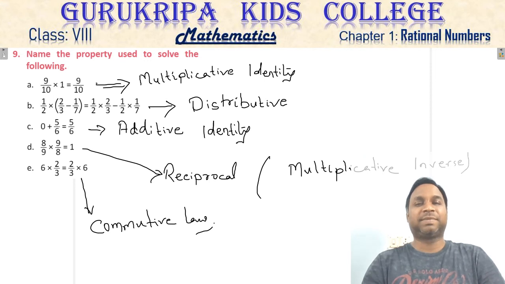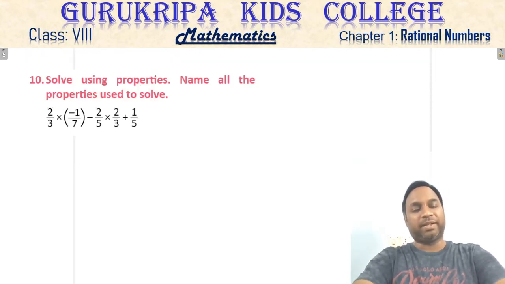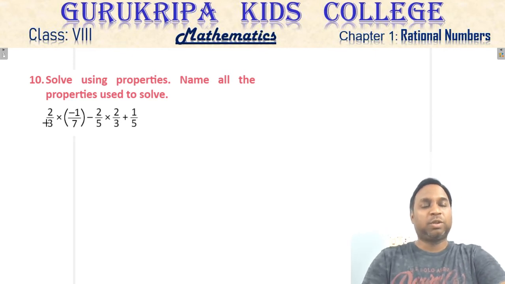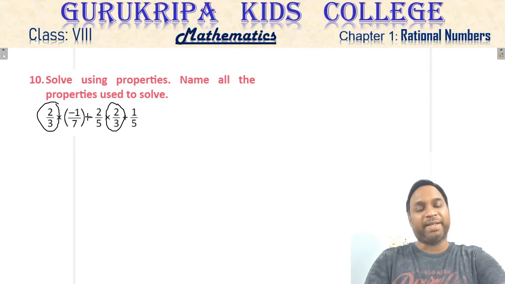Okay. Let's move to question number 10 now. Solve using properties. Name all the properties used to solve it. 2 by 3. See here now. 2 by 3 is here and it is also here. And both the places it is in multiplication.